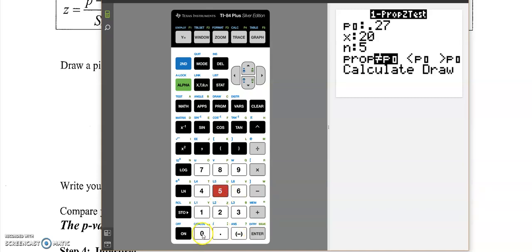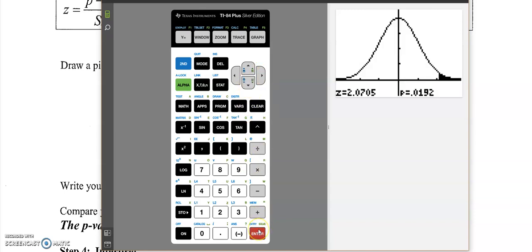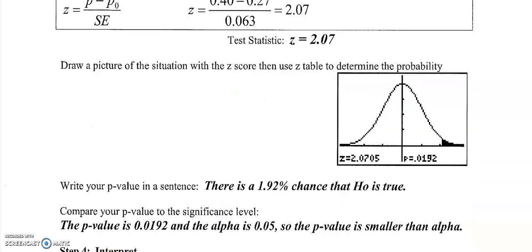N is 50. Enter. We're going to choose greater than, push enter on top of greater than. And then you can choose calculate if you just want the numbers, or draw if you want the picture. I'm going to go ahead and choose draw. And it gives you your test statistic 2.07 and your p-value 0.0192.